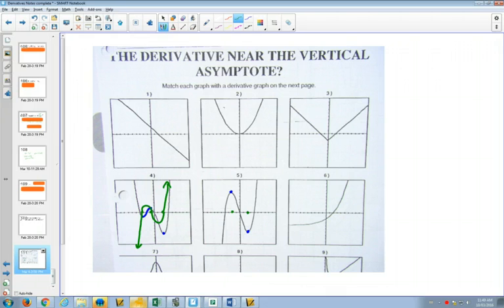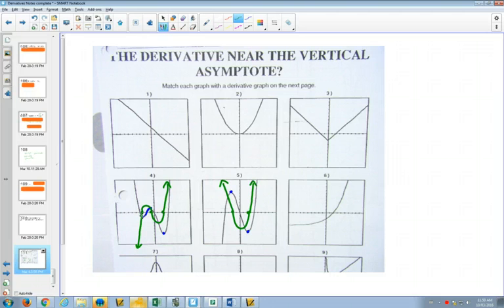If we looked in between those two x-intercepts of our derivative graph, every tangent between that maximum and that minimum is going to be negative. So we know it's going to look like that. Every point before the first maximum has positive slopes. And every point after the minimum has positive slopes.